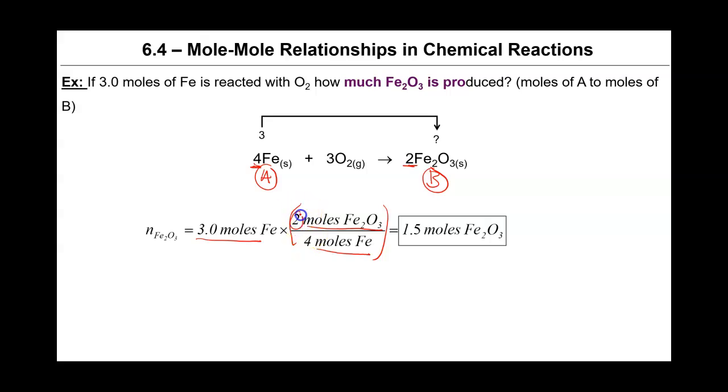So we're going to put a 2 alongside the moles of Fe2O3 and a 4 alongside the moles of iron. So 3 times 2 over 4 gives me 1.5 moles of Fe2O3 that can be produced from every 3 moles of iron reacted.